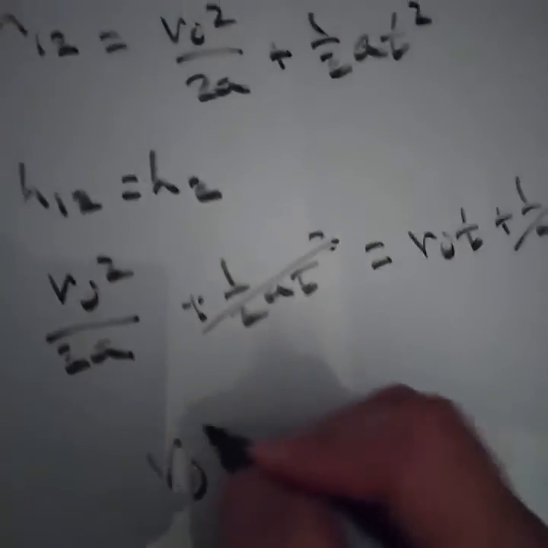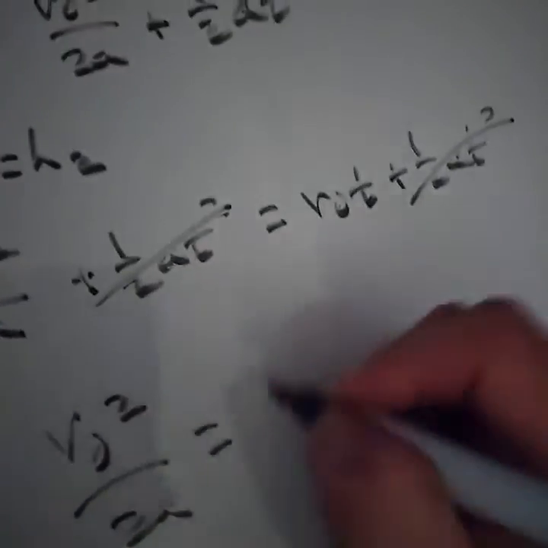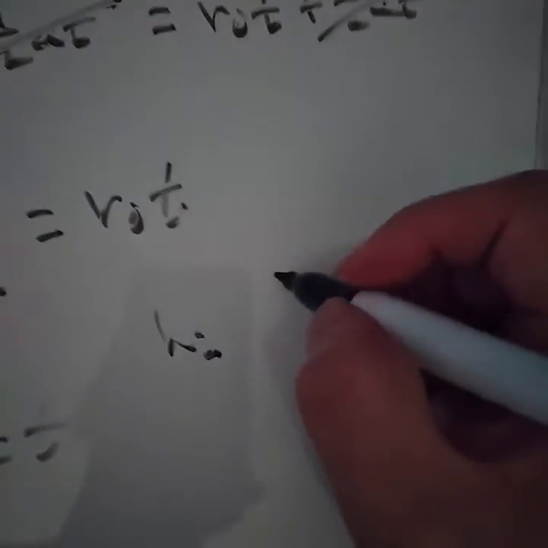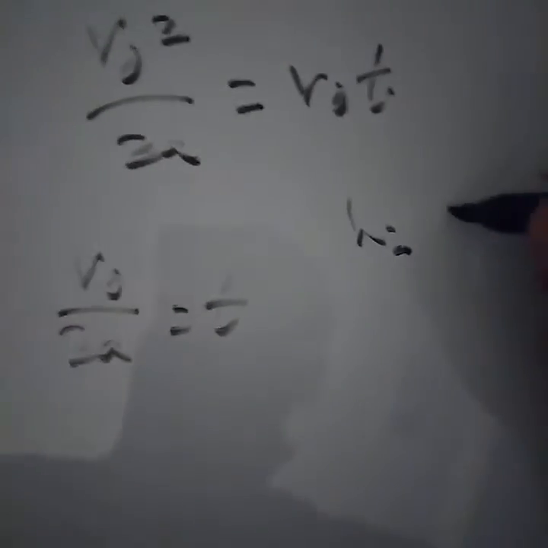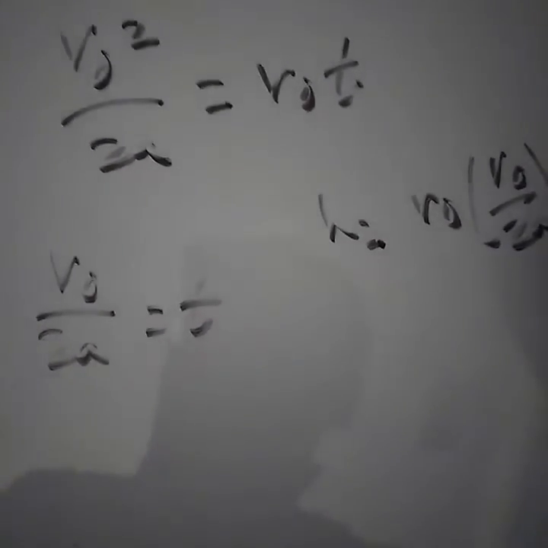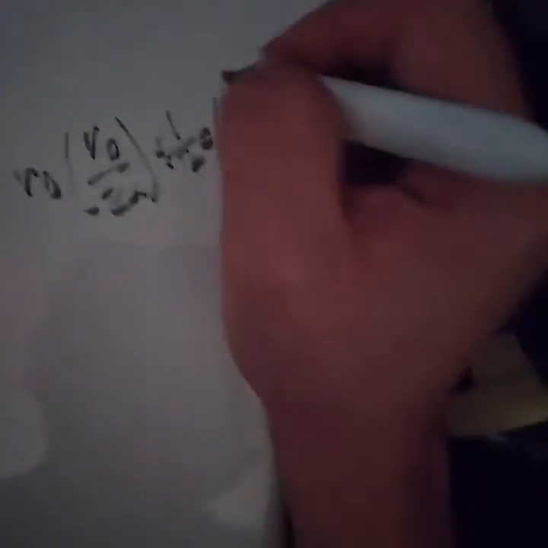So now we have VO squared over 2A is equal to VOT. Solving for T gives us VO over 2A is equal to T. Plugging this into the equation for the height of object 2, we have VO times time, which is VO over 2A, plus 1/2 A times VO over 2A squared.